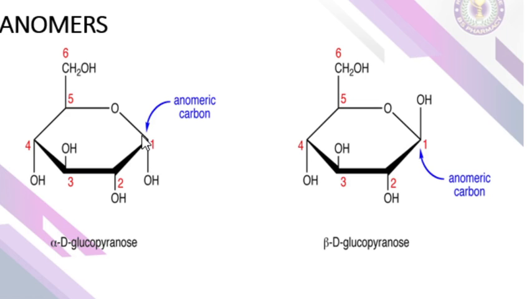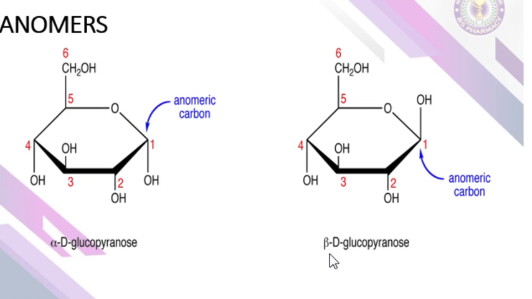Usually when you write your Haworth projection, carbons 1, 2, 3, 4, 5, 6, the position of the OH on the first carbon determines if a certain compound is alpha or beta. If the OH goes down, this is alpha, as you can see, alpha-D-glucopyranose. If the OH is in the upward position, this will now be your beta.